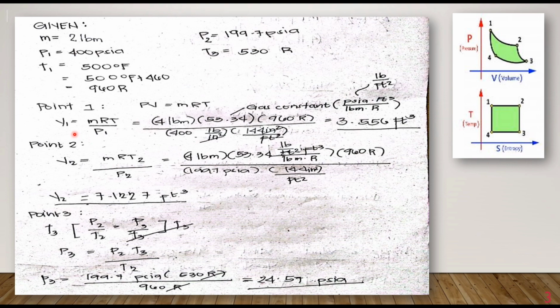So in point 1, we are going to use this formula PV is equal to MRT. To solve for V1, we are going to arrange this formula. So we get V1 is equal to MRT over P1. After that, we are going to substitute the given values.